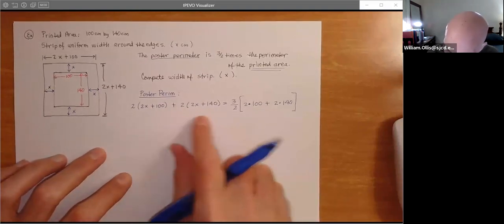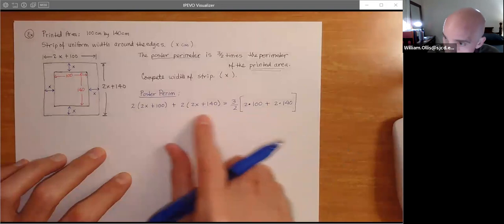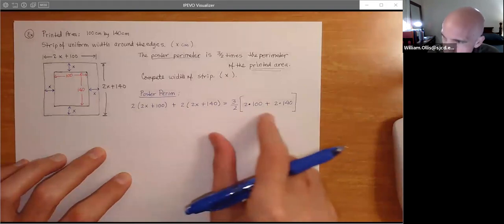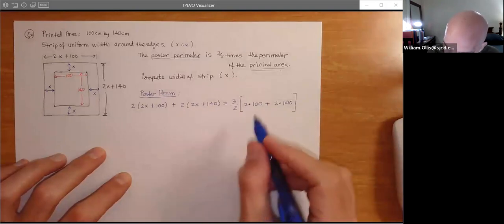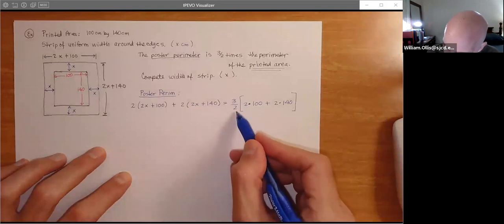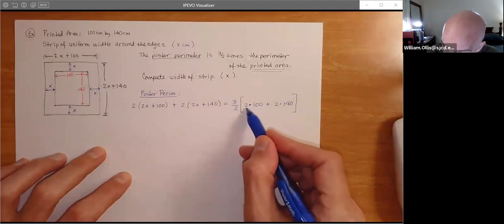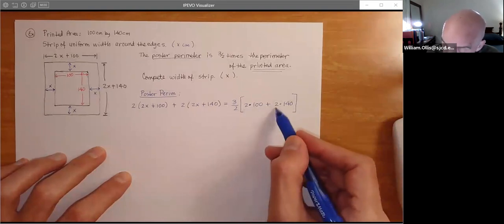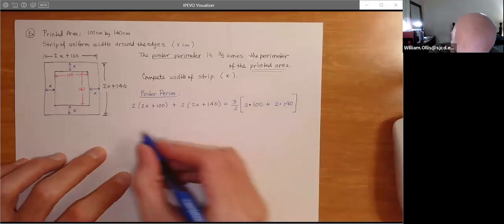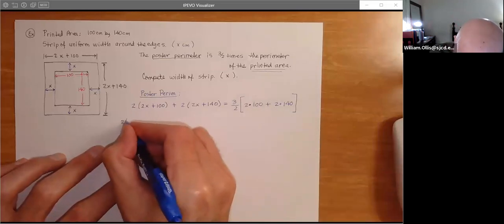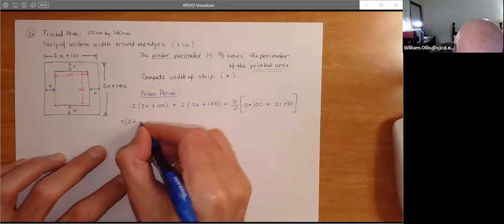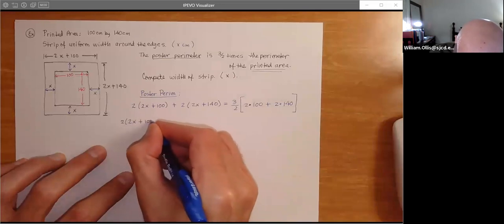One thing you'll notice is that we're going to be able to relieve ourselves of some of these factors because we've got 2's hanging out, which are just in the way. The first thing here, we've got this 3/2. And notice if we do symbolic calculation, if we multiply by the 1/2, we can absorb this 2 and we can absorb that 2. So let's go ahead and do that first and just let the algebra take over without having to do a whole lot of work.